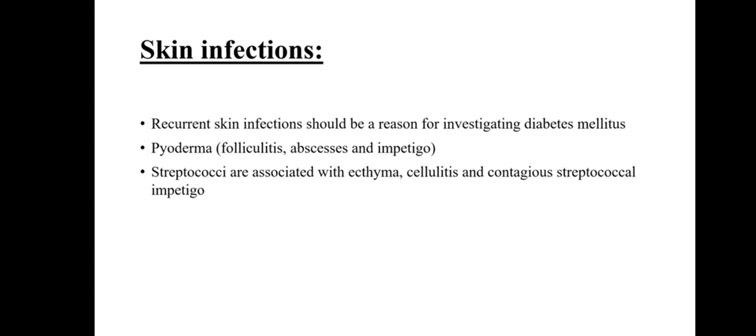whose explanation is much easier to follow. So I had taken the same sentence from one such textbook: recurrent skin infections should be a reason for investigating diabetes mellitus. Out of this, pyoderma, folliculitis, abscesses, and impetigo we already discussed. If a patient is a chronic diabetic, he can develop all these clinical conditions recurrently. We already discussed that streptococci are the usual culprits behind these infections, and a few cases are due to staphylococcus also.